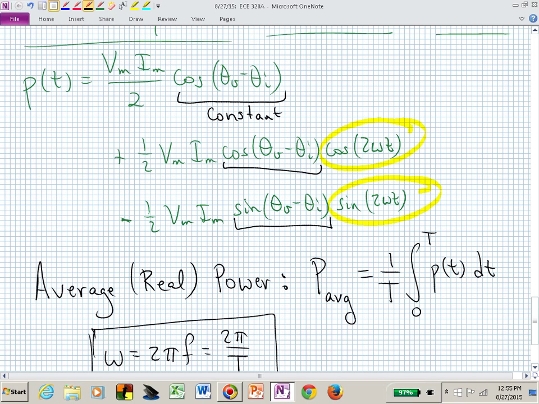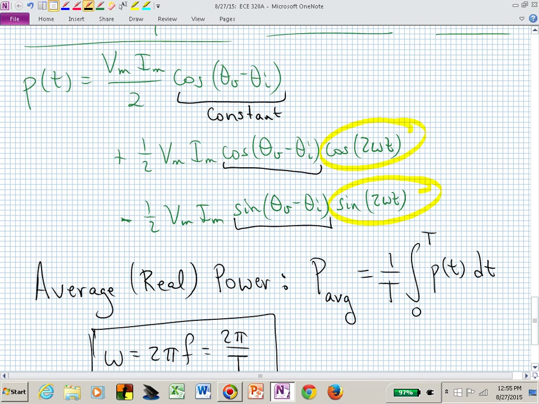And we actually have twice that, so it's 2 cycles in that one period, capital T. And if we have an even number of periods to integrate over, that's going to integrate to 0. Taking the average of this little p of t, I hope it's clear that these last 2 terms integrate to 0, because the only thing in front is just a number for both of those, and that comes out of your integral. And now you're integrating a cosine or a sine over an integer number of periods, which in this case is 2.